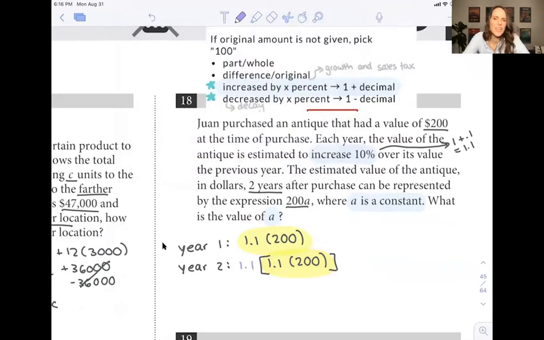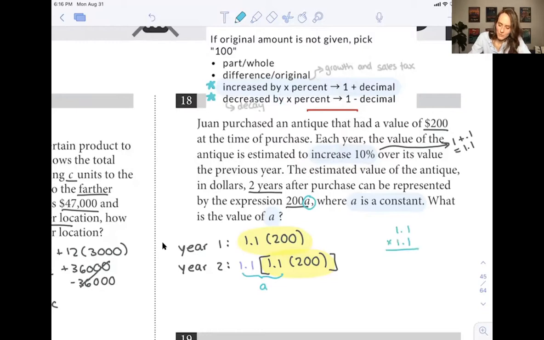And here comes the tricky part. They don't really care what 1.1 times 1.1 times 200 is, because they just care about what A is equal to. And A is 200's coefficient. So 1.1 times 1.1 is equal to A. So all we need to do here is take 1.1 and multiply it by 1.1.